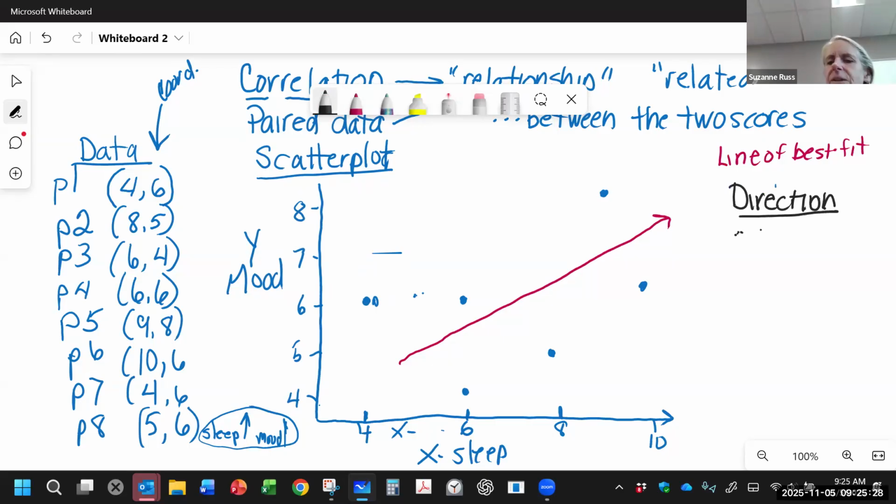And we can tell whether it is positive. I'm just going to draw these two arrows, meaning that as one variable increases, the other variable increases. We can also tell because the line of best fit goes in an upward direction.